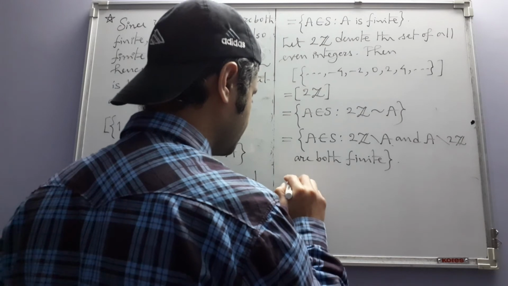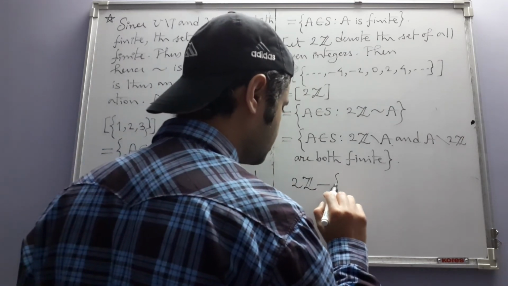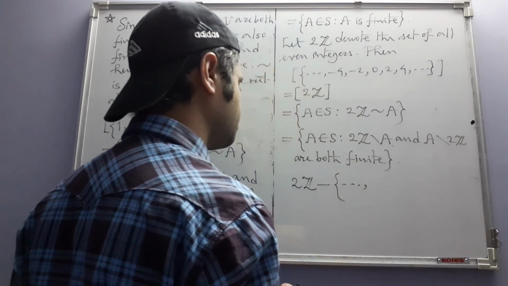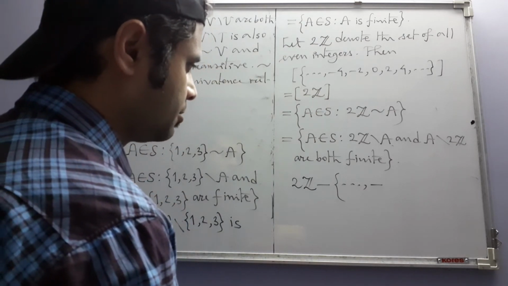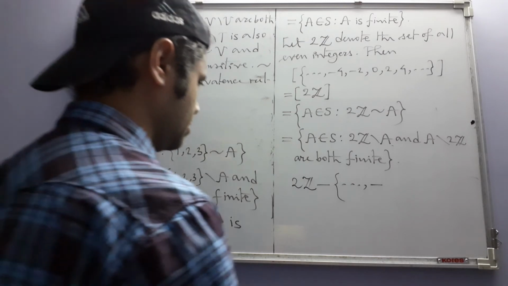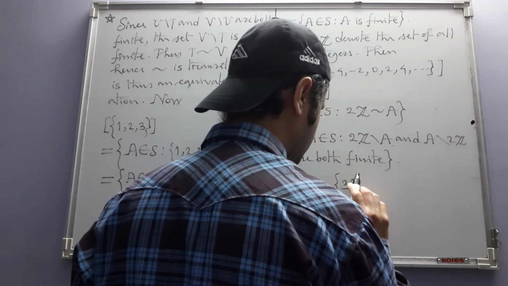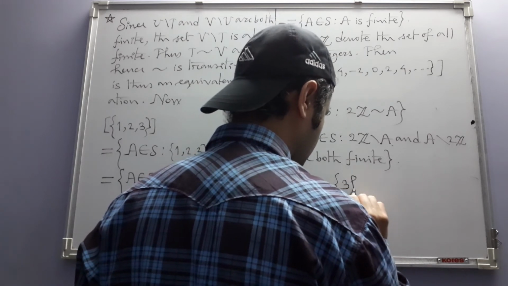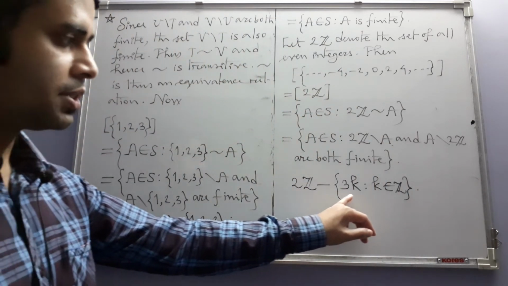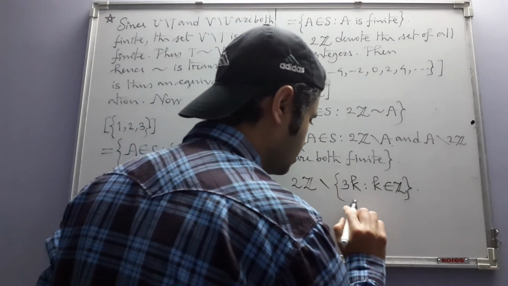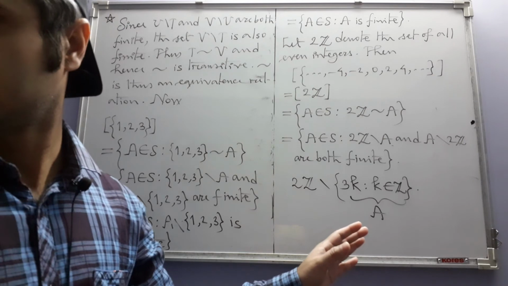For example, if you remove from the set of even integers, say, all the multiples of, what I am trying to say, all the multiples of 3, say, then if say I remove this and this is my A, among the multiples of 2, which are actually the even integers, there are multiples of 3 also.